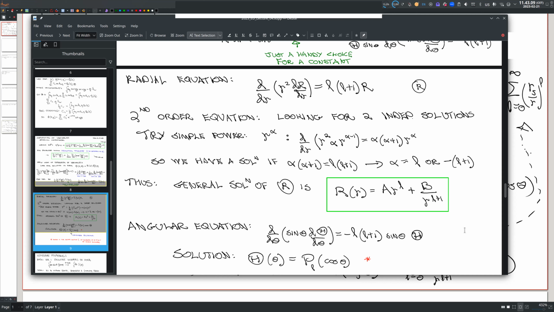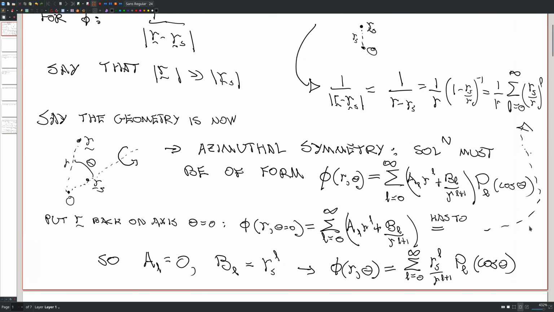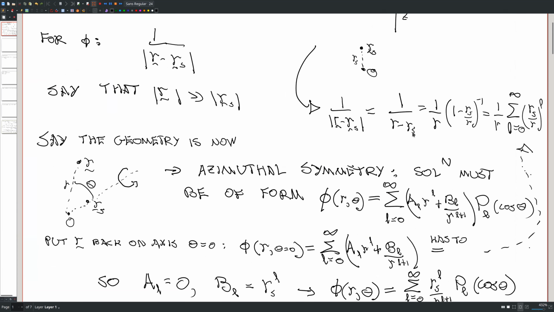Everything we are writing here is contingent on having a convergent expansion, and the expansion will be convergent if the observation point is further away.